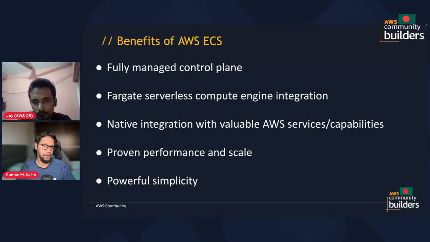And as I said in the earlier slide, if we want to run our application in serverless compute resources, AWS Fargate provides that. So ECS has Fargate serverless compute engine integration. It also has integration with lots of other valuable AWS services and capabilities.